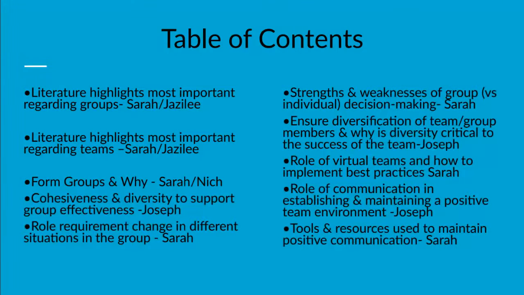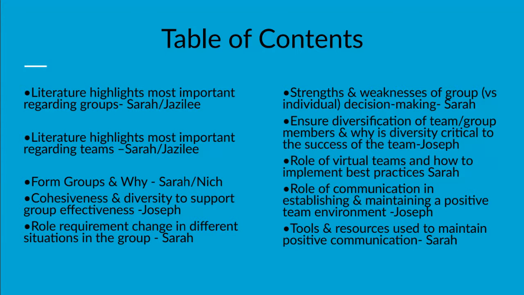Table of Contents. Literature highlights most important regarding groups. Literature highlights most important regarding teams. Form groups and why. Cohesiveness and diversity to support group effectiveness. Role requirement change in different situations in the group. Strength and weaknesses of group decision making.